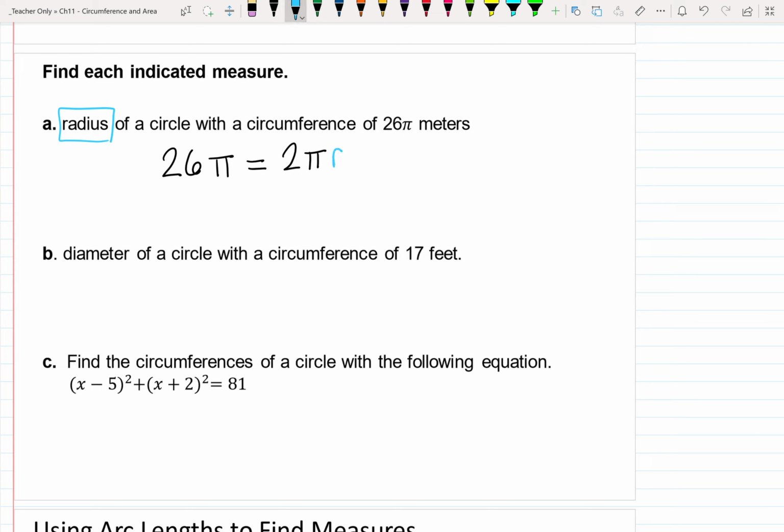I want to get r by itself, so I can do that by dividing by both 2 and pi on both sides. My pi's will just cancel, and I'm left with 26 divided by 2, which would be radius equals 13.